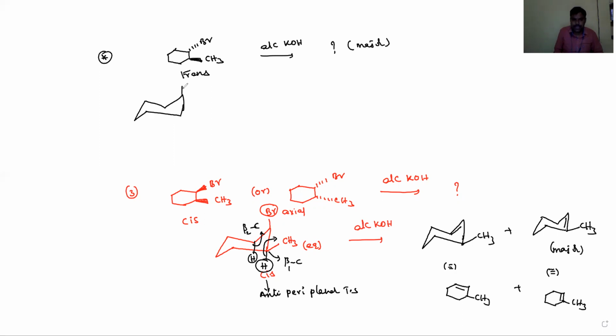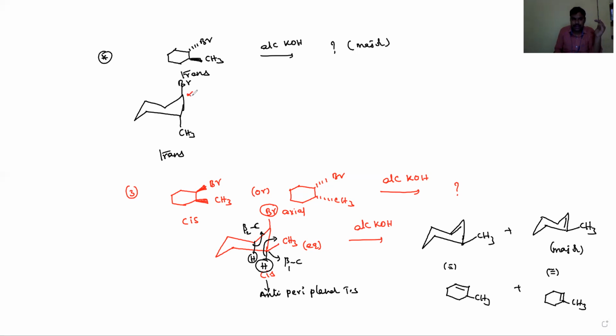For example, the bromine is in the axial position, because it is the leaving group and you always have to keep it axial. Opposite side means the bromine is above the plane and CH3 is below the plane. This is the trans representation. Now we have to identify the beta carbons.